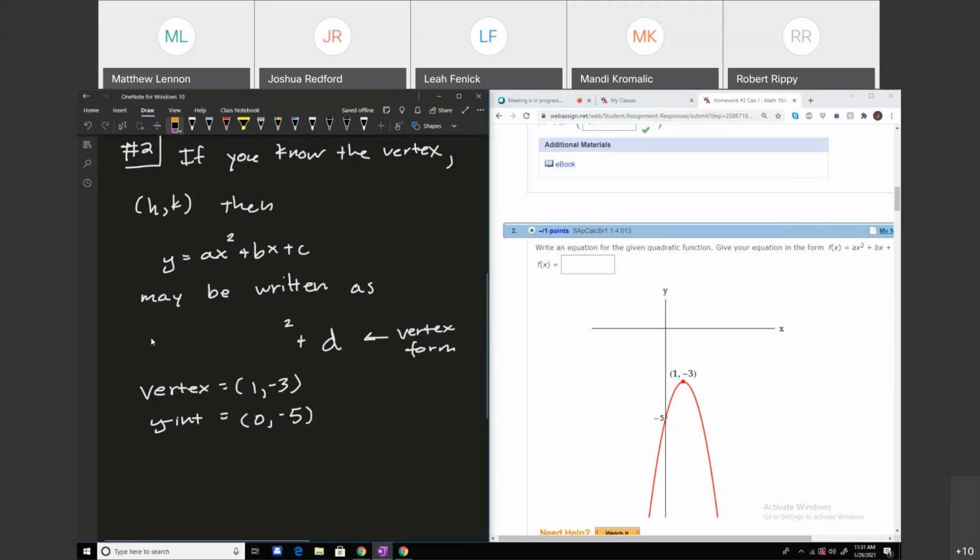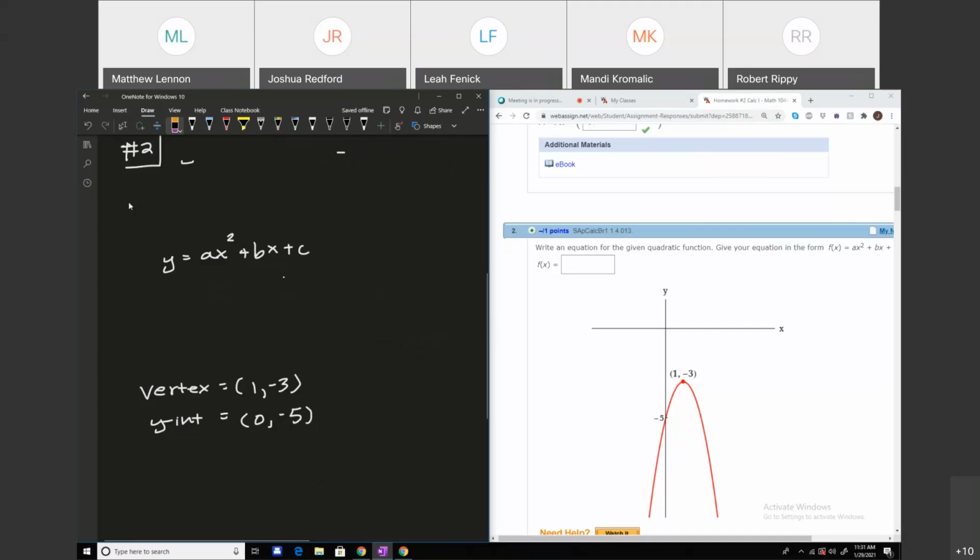Let's not use vertex form. Let's be using the vertex formula. So what does the vertex formula say? Let's just use what I taught you in class. Vertex formula says the x coordinate happens at negative b over 2a with all of these letters, right?